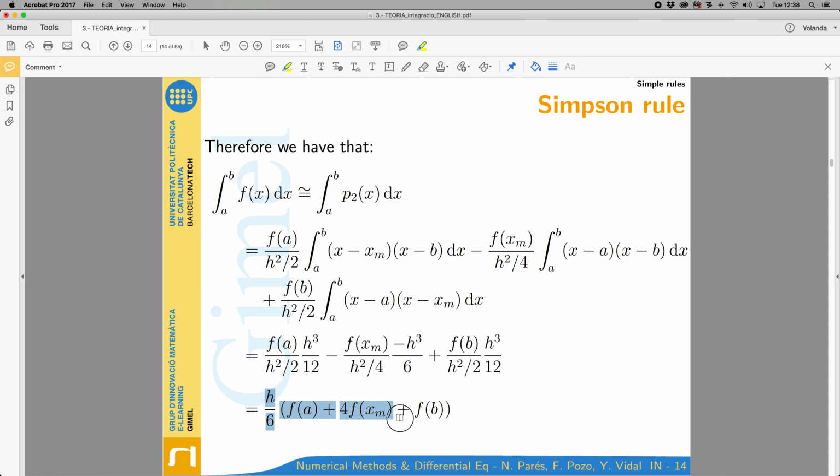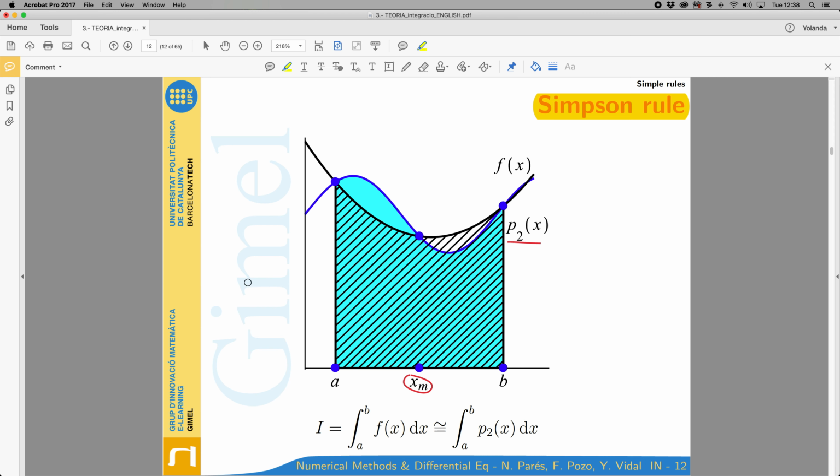At the end, we have this formula we can see here, where h, recall that h is b minus a, and in this way, we can compute the area that is here shadowed with lines, okay?